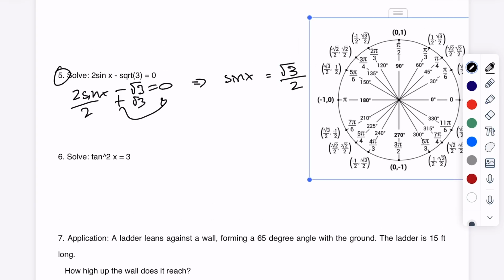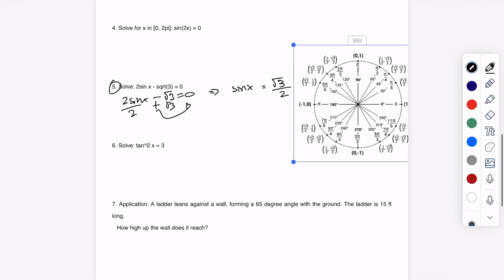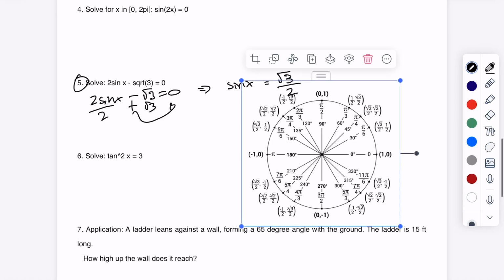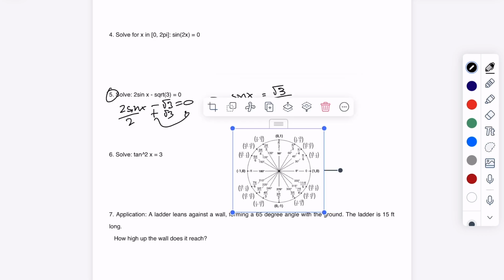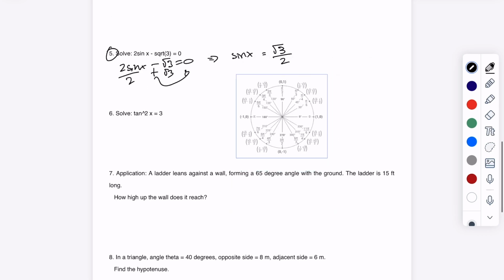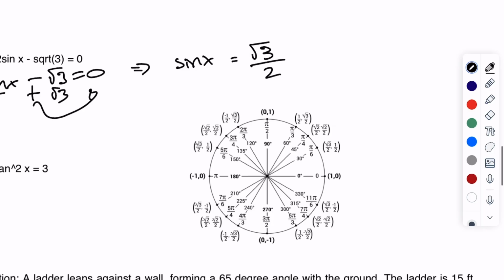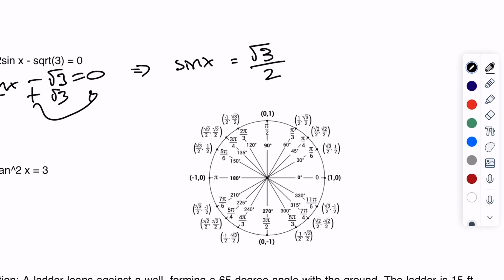And this is where we need to bring in the unit circle here. And we need to find out where does sine x, which, if you remember, sine is our y coordinate, where does it equal root 3 over 2? And it's right here. It's right here. These are negative.